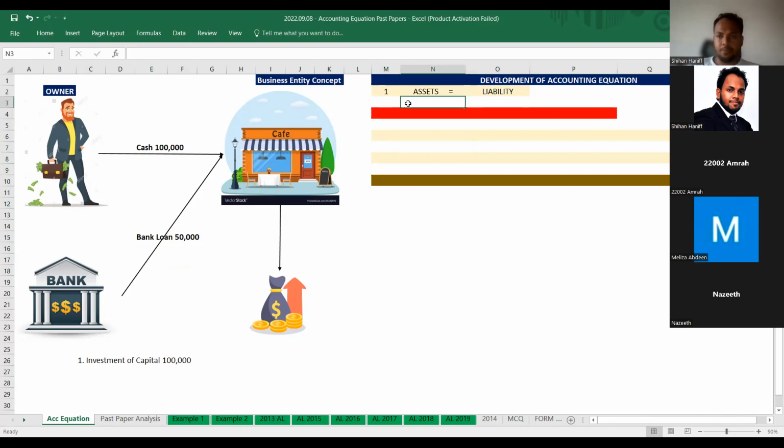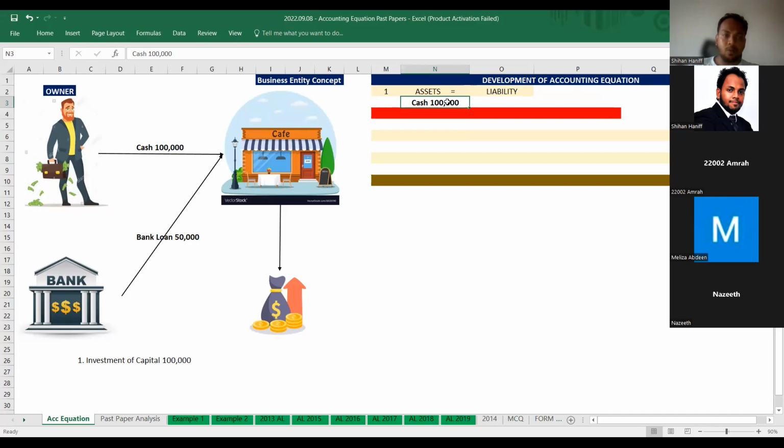So we'll start with the first equation. Once the owner invests capital, the business will have cash of 100,000. Cash is an asset. So the business will have an asset worth 100,000. And in accounting, we always think that the business and the owner are two different parties.